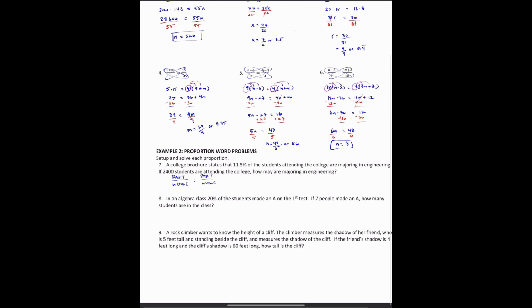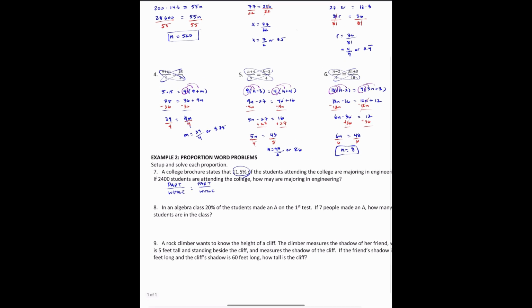So if I'm looking at this example here, we have 11.5% of the students attending the college that are majoring in engineering. So I'll write 11.5 out of, well, what's the whole here? 100. Because 11.5 over 100 is 11.5%, right?